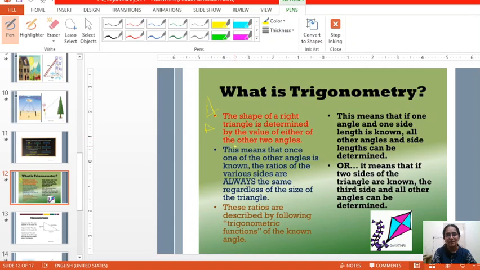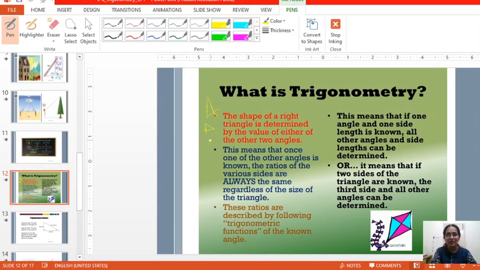If we know one side and one angle of a right angle triangle, then we can find all the other angles and other sides. Or if we know two sides of a right angle triangle, we can find out all the angles and the other side of the right angle triangle.